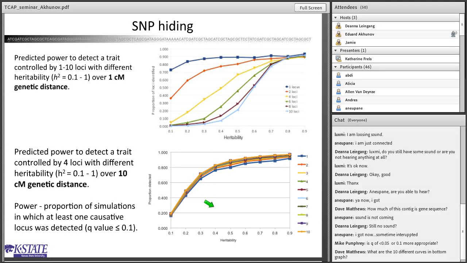So the 10 different curves, what are the 10 different curves on the bottom graph? So these are, let me, okay, so 4 different loci.